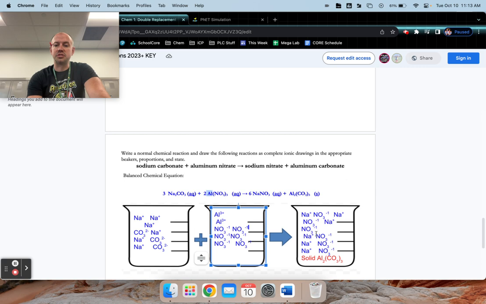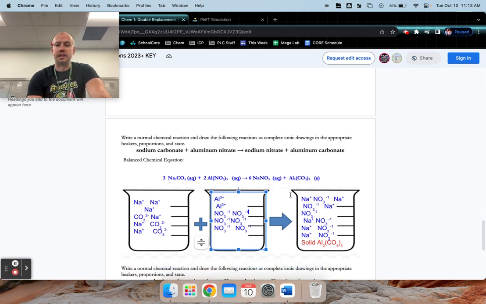The 6 sodiums and the 6 nitrates are still just floating around as we make one of my aluminum carbonate molecules or formula units. We go through this whole process: swap partners, think about charges to write 1, 2, 3, 4 formulas, balance it with coefficients, often 1s, 2s, 3s, maybe all the way up to 6s.